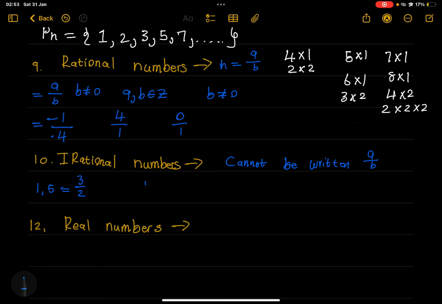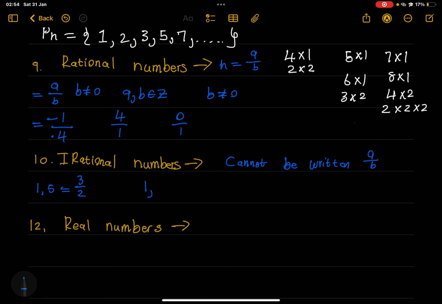But let's check a number in decimal form that cannot give us a fraction.